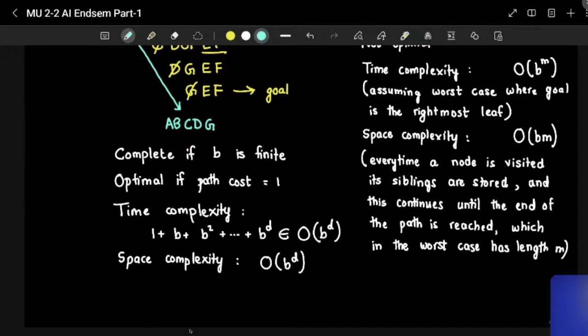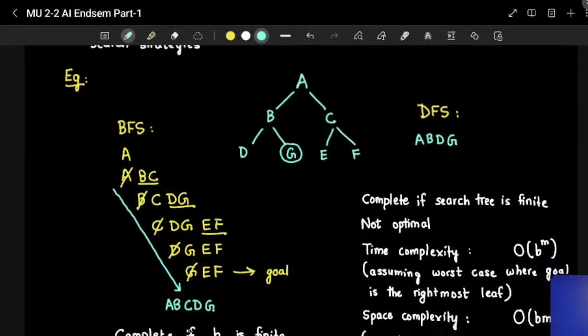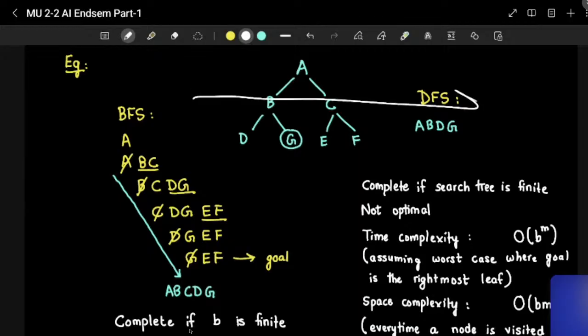So BFS will be complete if B is finite, which makes sense. Because if B is not finite, you will keep exploring the same level for an infinite amount of time, and you will never reach the solution. Completeness states that if there exists a solution, the algorithm should return it.